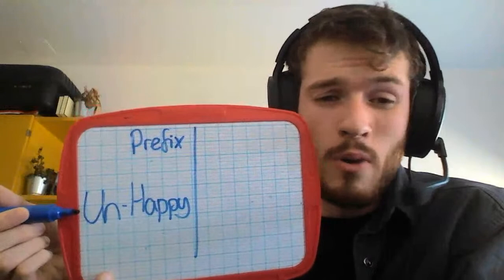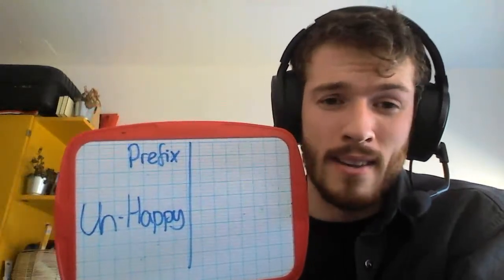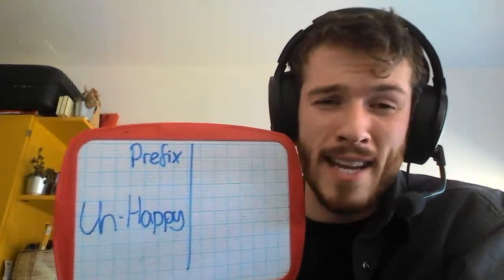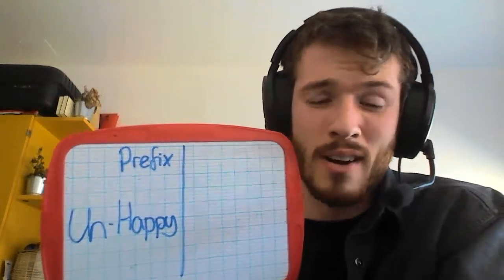This means that you are no longer happy. Okay? The rain is here, you have loads of work, you become unhappy. So hopefully that's a clear example of how prefixes can change some vocabulary in English.